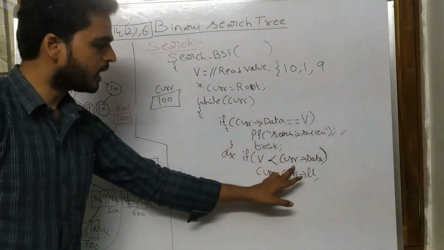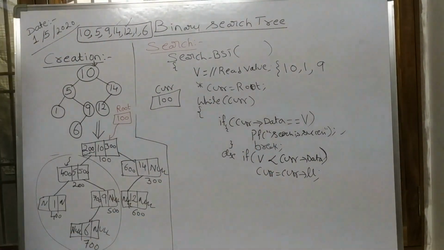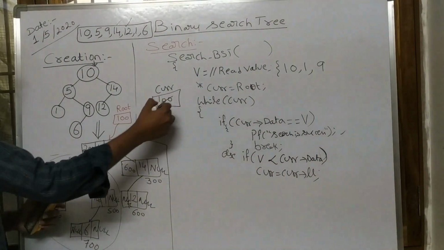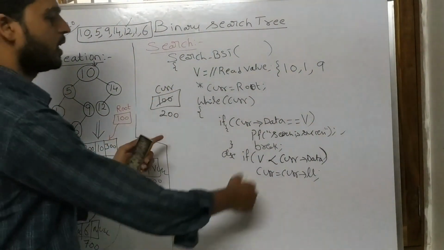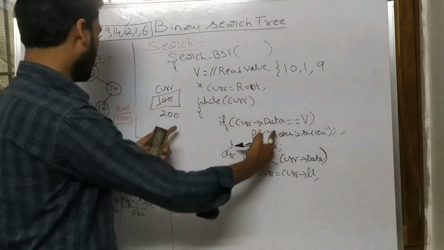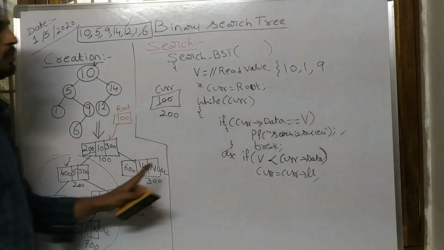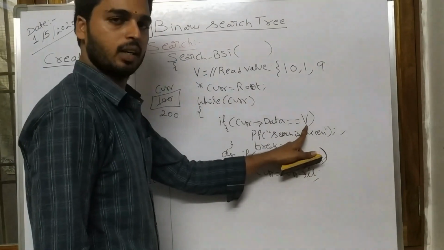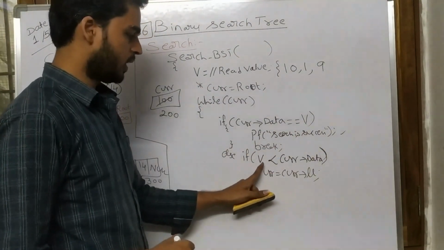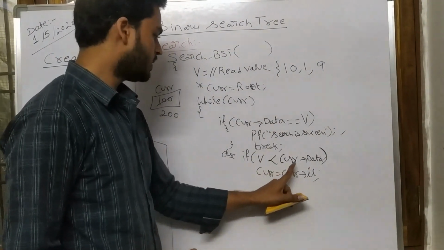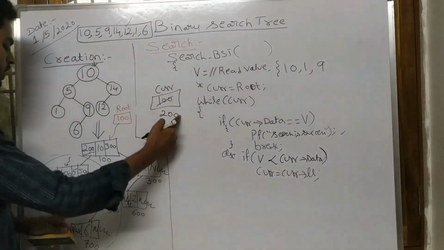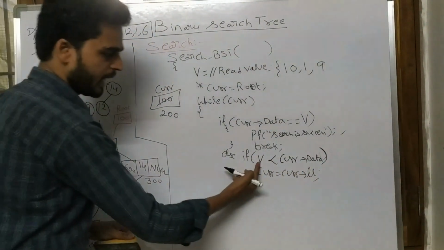Then I am going to move to current equal to current's left link, which is 200. Now once again, while 200, 200's data is 5. 5 double equal to 9? Condition failed. Then it is going to execute this condition. The value is 9. 9 less than current's data. What is current's data? 5. I mean, 9 less than 5?